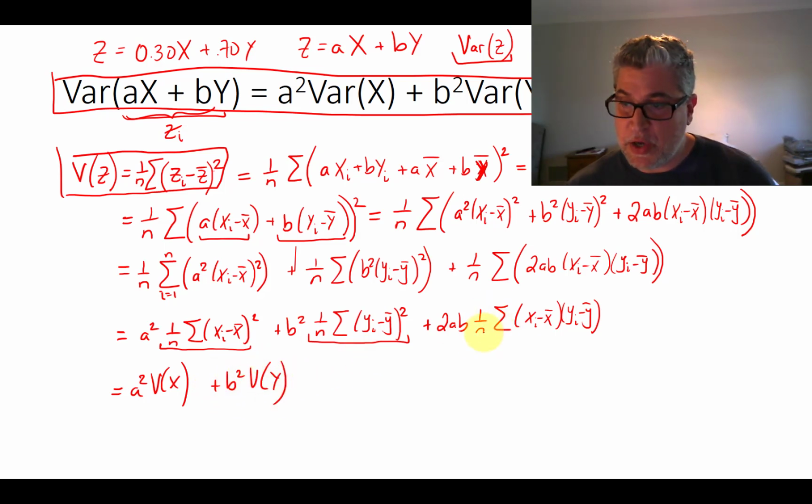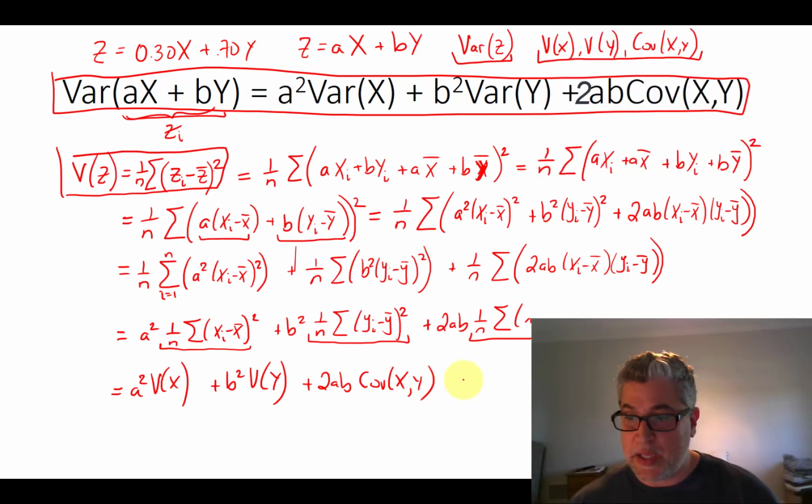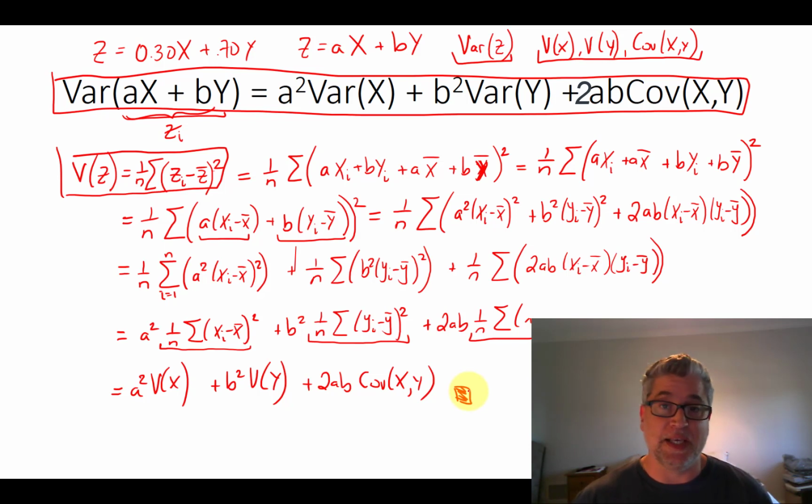And then this is the covariance between x and y. So plus 2ab, the covariance between x and y. And so there we go. We have now proven what we needed to prove. QED, as they say. So I promised you a shortcut, and here it is.